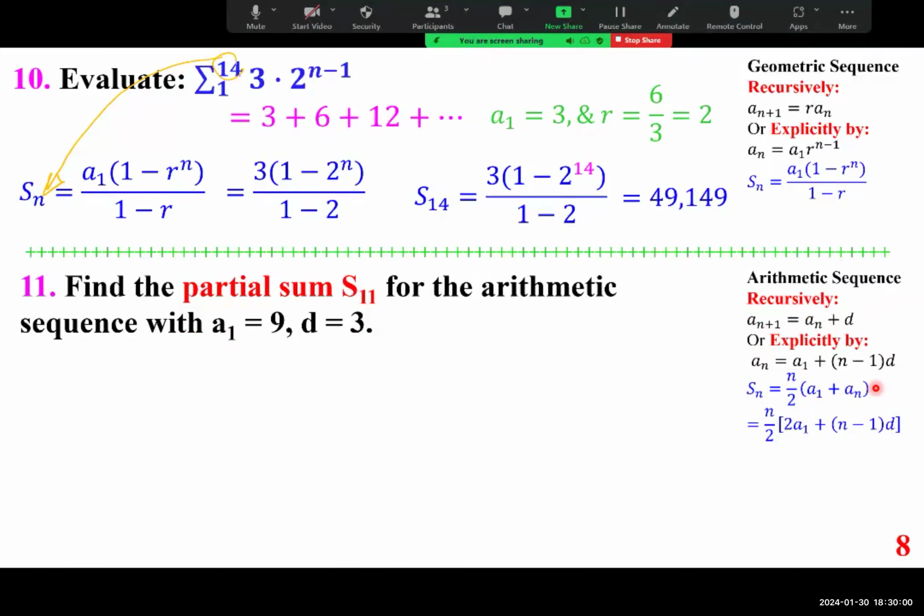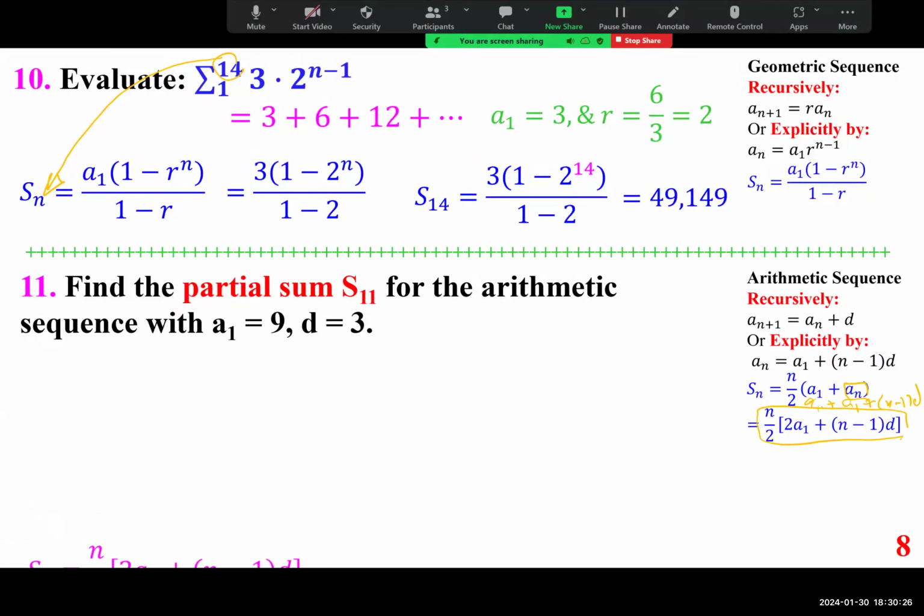However, if you don't, let me just show you how we arrived. This is A sub 1, and it remains. But what is A sub n? A sub n is A sub 1 plus n minus 1 times d, and that's how we get to this formula.